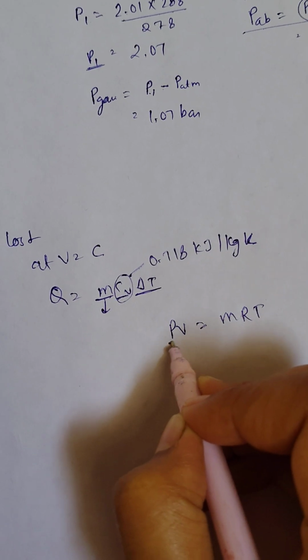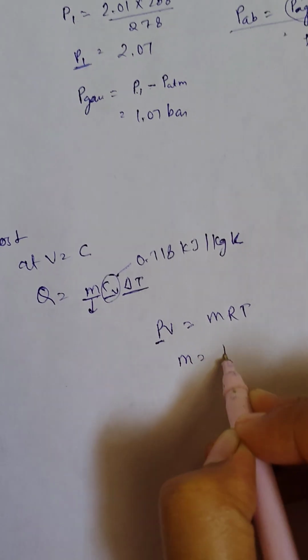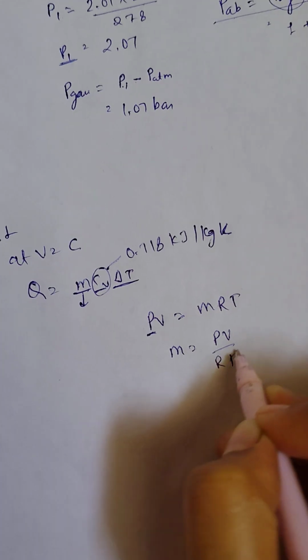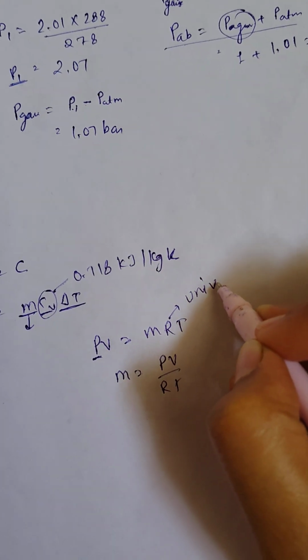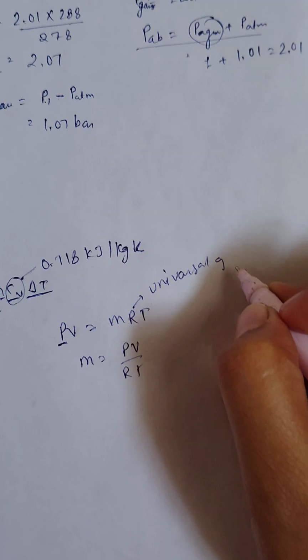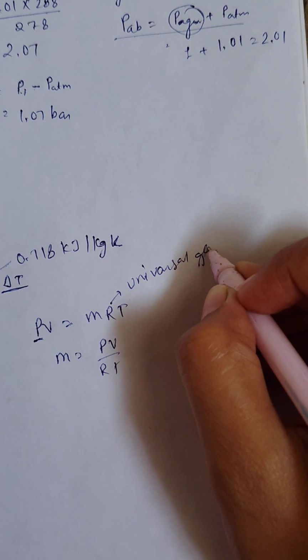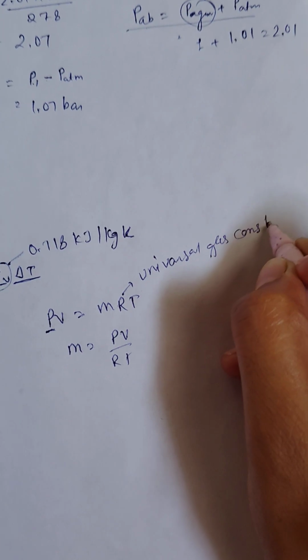We have the value of pressure, volume, and R is the universal gas constant.